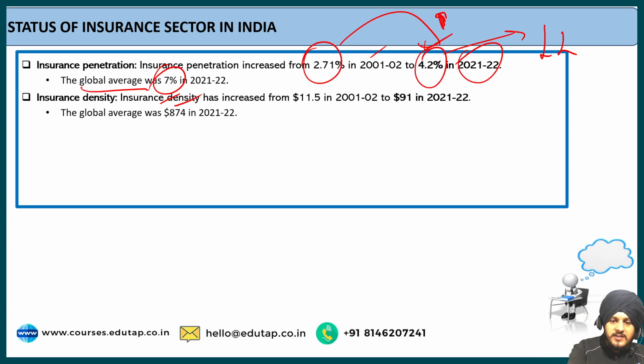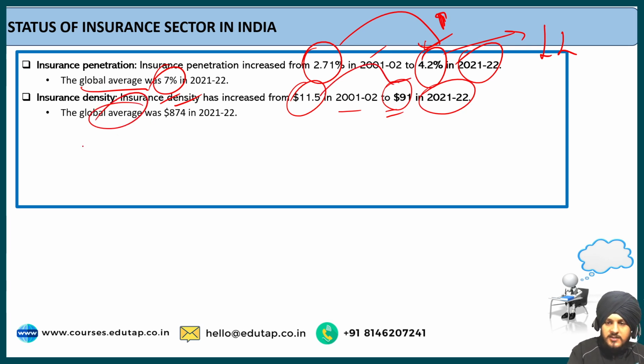The insurance density has increased from $1.5 in 2001-02 to $91 in 2021-22. The increase has been big, but if we compare it with the global average, then we still have to do more, because as per the global average, the insurance density is $874 in 2021-22.